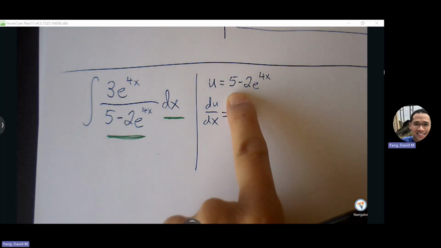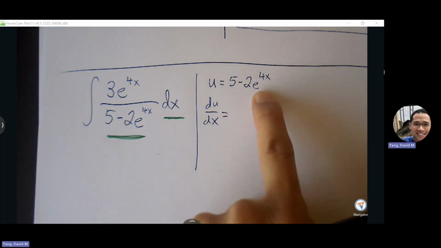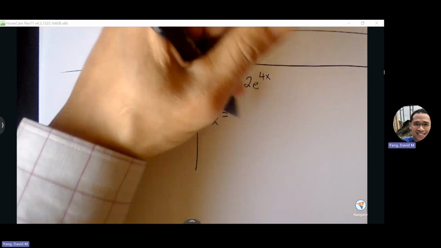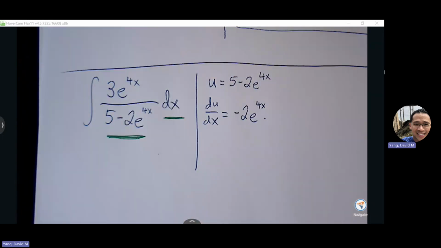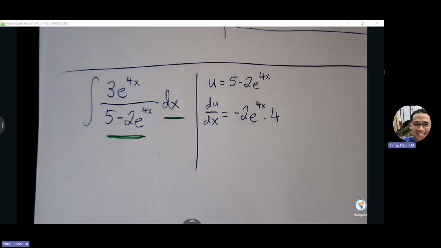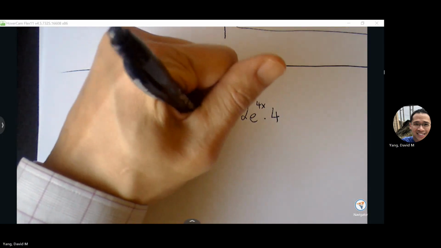All right, 5 goes to a 0. What's the rule for e to the u? e to the u times u prime. Okay, so negative 2 e to the u times what's u prime? 4, right? 4x's derivative is 4. Okay, let's do some cleanup.